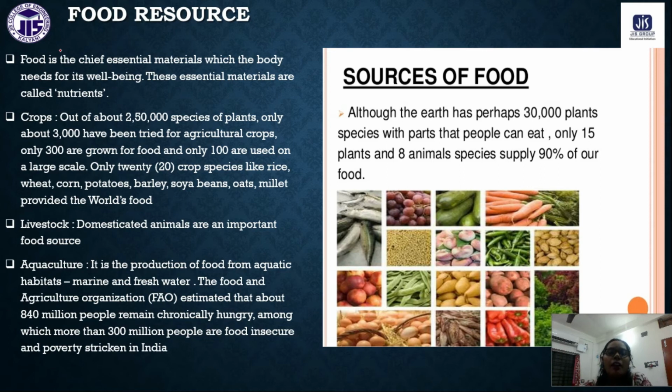Food is a very essential material which the body needs for well-being. Out of the 250,000 species of plants, only 3,000 have been tried for agricultural crops, among which only 300 are grown for food and 100 are used on a large scale. Only 20 crop species like rice, wheat, corn, and potatoes provide the world's food.